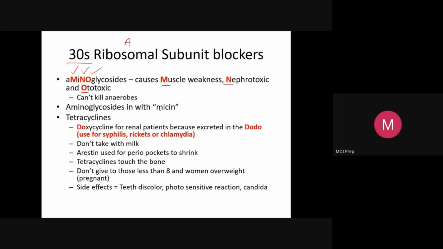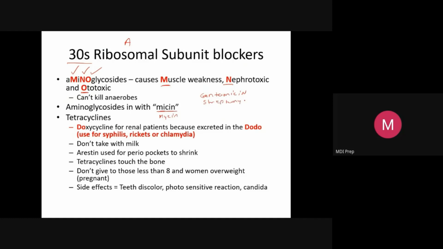Now, this is important. In pharmacology, you always want to look at the ending of the word because that can tell you a lot about which antibiotic or drug it is. Typically aminoglycosides end with mycin. So you can have gentamicin, you can have streptomycin.